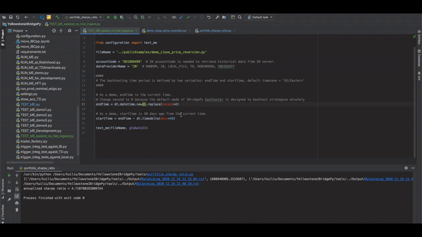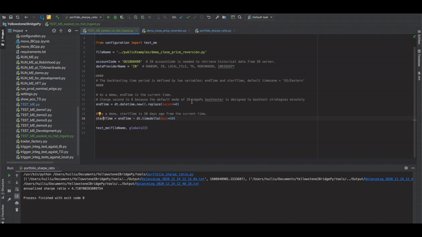Then you need to define a start time. As a demo, I will run the test from now, going back 50 days from the current time, so I use the end time minus dt.timedelta days 50, which means current time minus 50 days, and that gives me the start time.